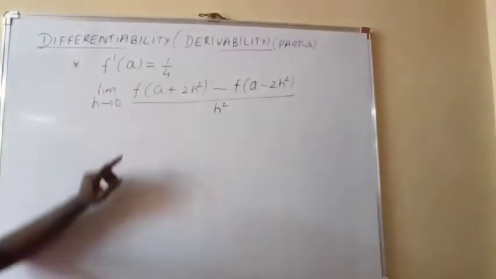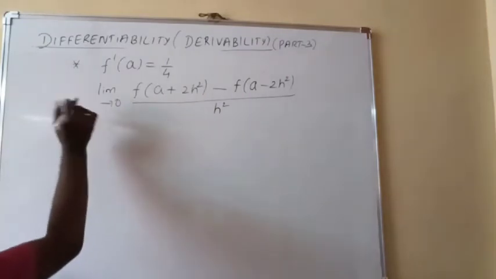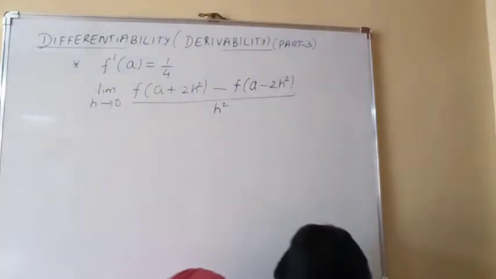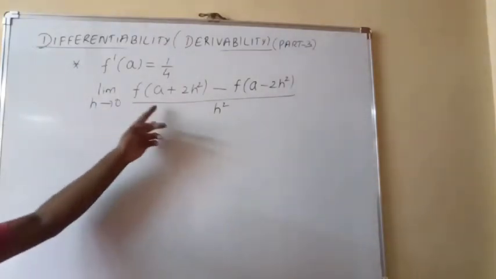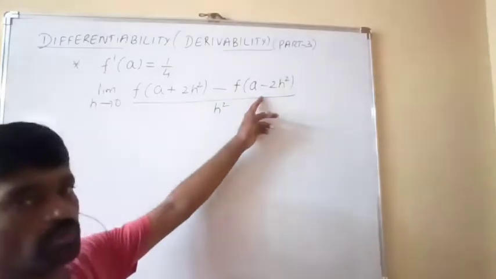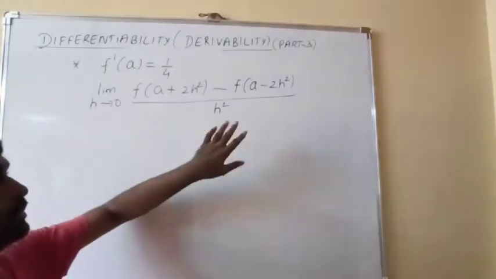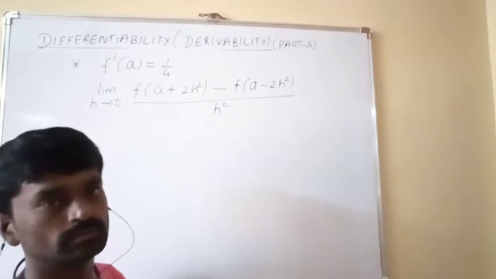Now if you apply limit h tends to 0, if you put h equal to 0, what will you get? f of a minus f of a, by f of a minus f of a, which is 0 by 0 form. So we can apply L'Hospital's rule.